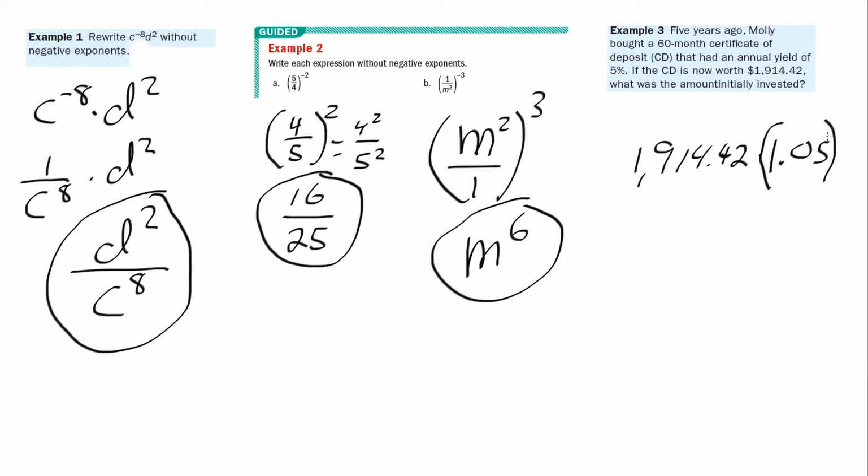But now we're going back in time. So to go back in time, we are using a negative power, so raised to the -5 power.